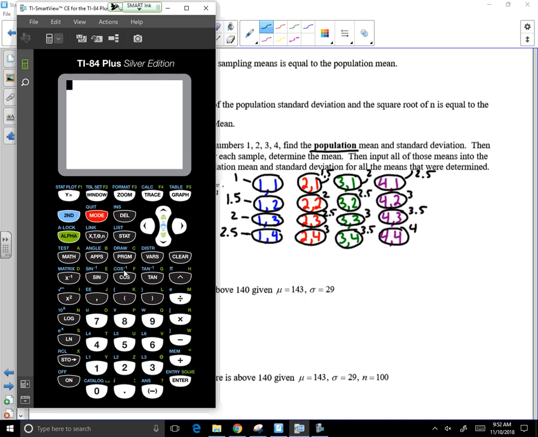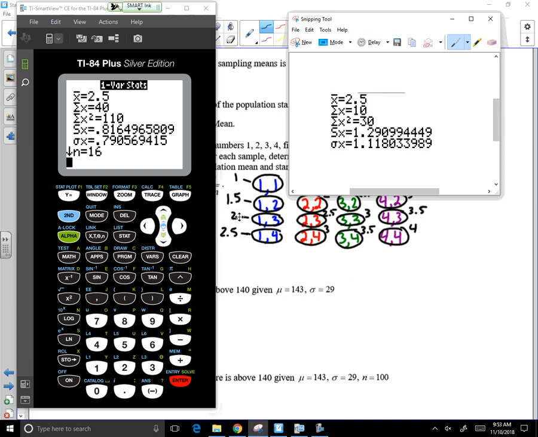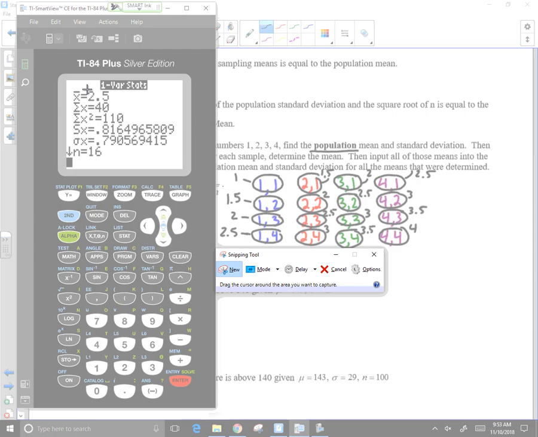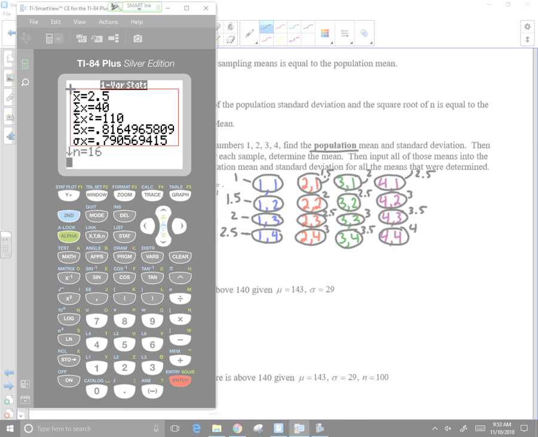So I got my numbers in. Stat, calc, 1, just like I did before. My data is still in L1, no need to change that. A little calculation here, and I get this display. I'll get the x bar steps in there too.